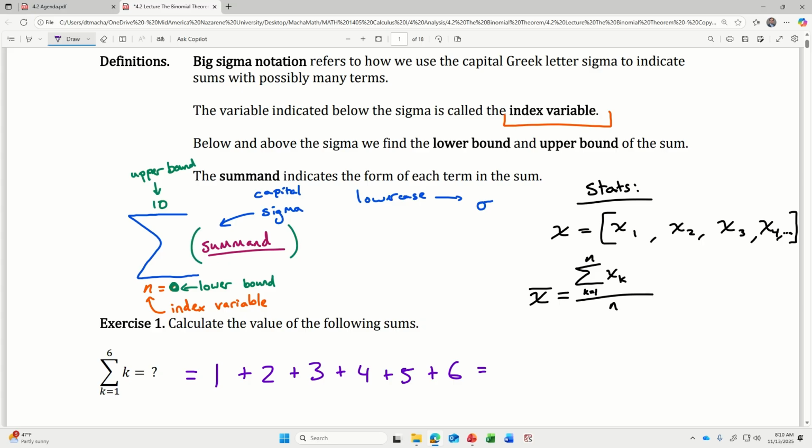So what's the difference between this and 6 factorial? 6 factorial would be 1 times 2 times 3 times 4 times 5 times 6. So this is going to be 21, I think, when you're done adding that up.